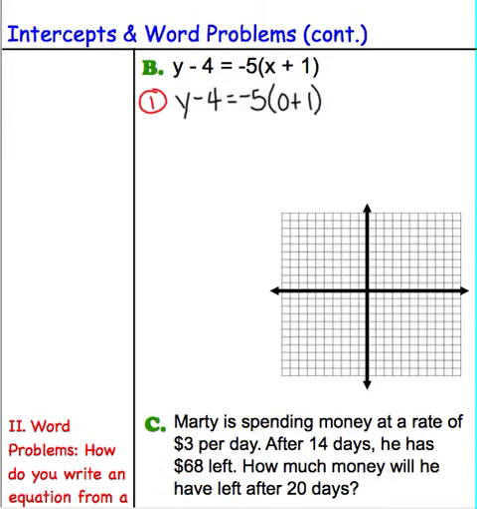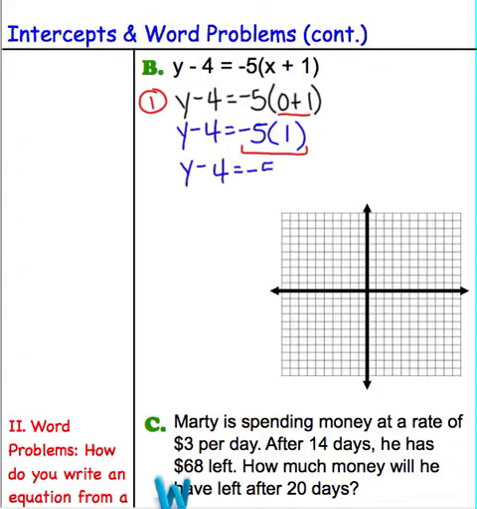So then I can combine here 0 plus 1 as well, and so I get y minus 4 is equal to -5 times 1. And then I can multiply -5 times 1, which gives me y minus 4 is equal to -5. Then I can add 4 to both sides, which gives me y is equal to -1.